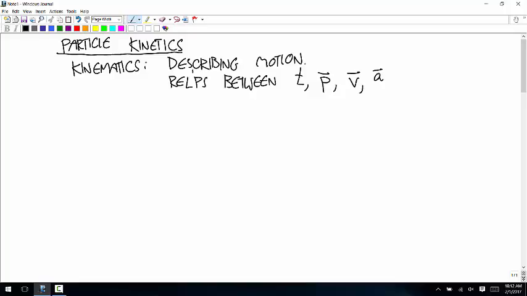It's all things that, if you had a careful video of a motion, you could measure all this stuff off of the video. Kinetics is kinematics with causes of the motion added.